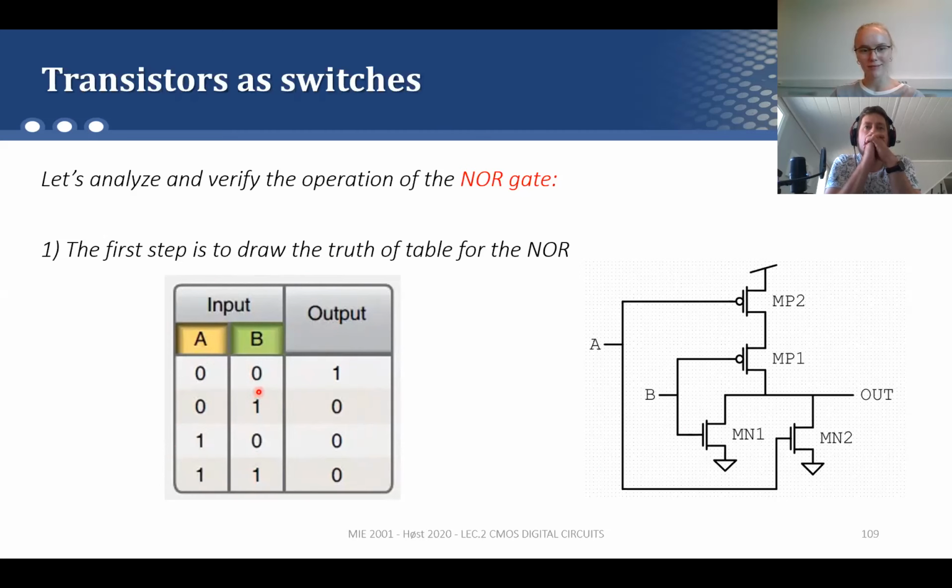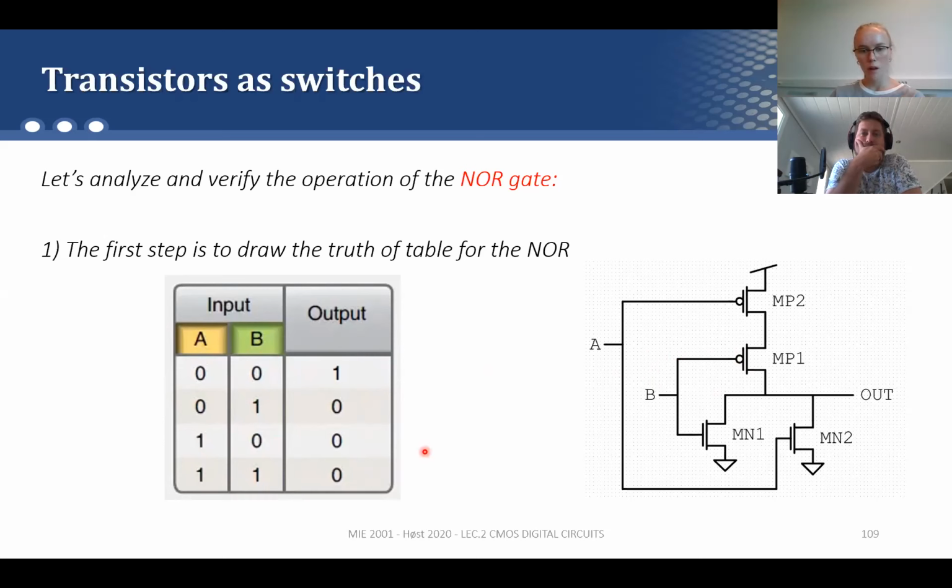The system needs to be characterized using the different combinations: 0 0, 0 1, 1 0, and 1 1. For each combination, you have to calculate the output. This defines the behavior of this logic gate. I think you remember the behavior of the NOR logic gate.